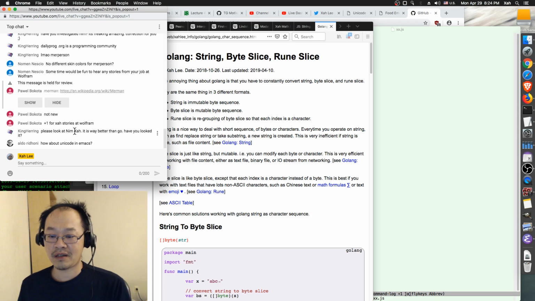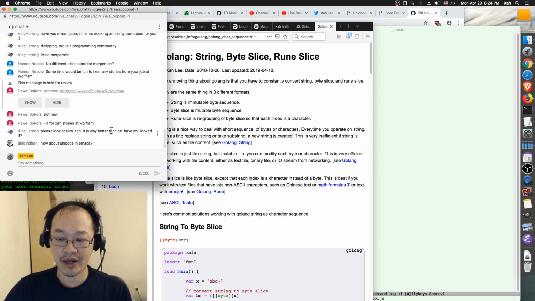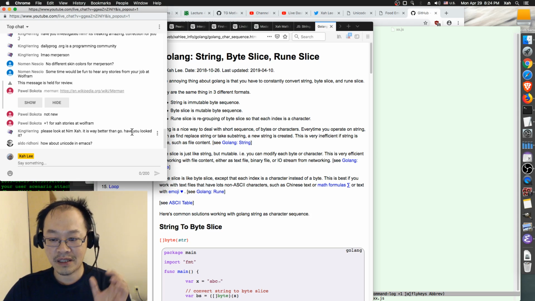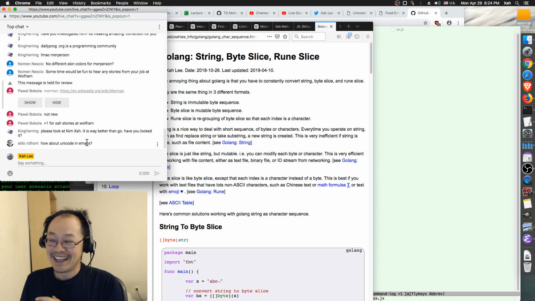You can use it as a system programming language, but meanwhile it's also elegant. It has a Python-based syntax, but it's also typed just like Golang, very efficient. Oh, Unicode in Emacs, that's another very interesting topic. Emacs is the most wonderful language when it comes to Unicode.